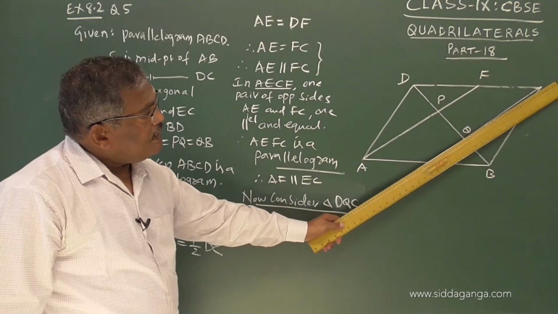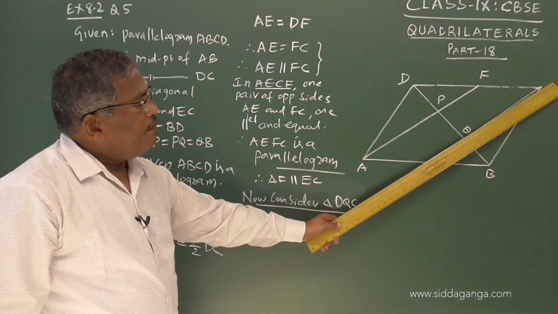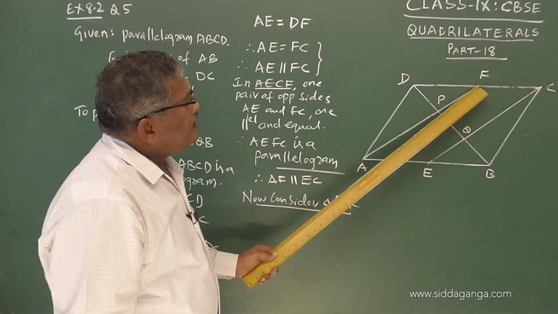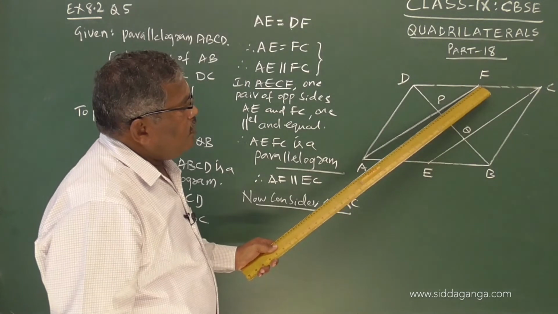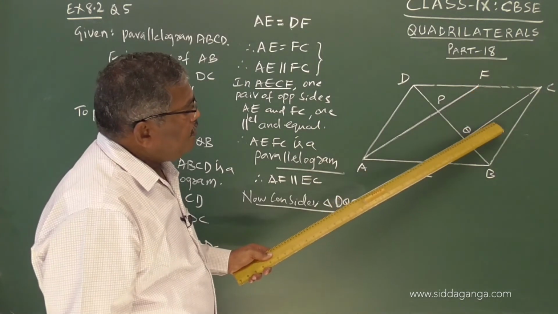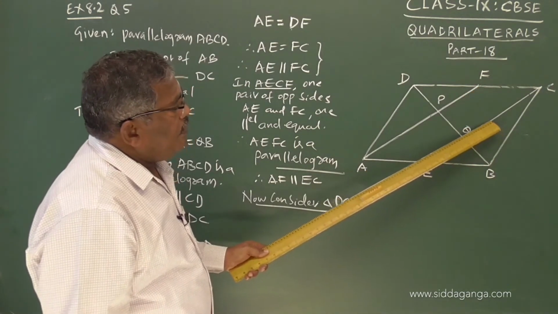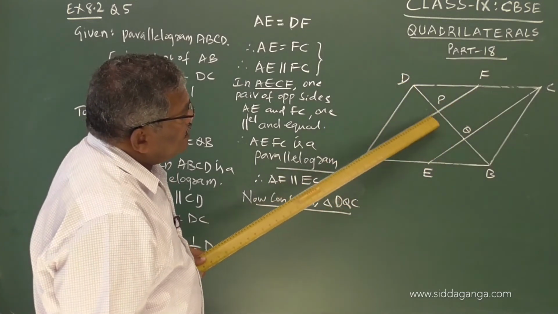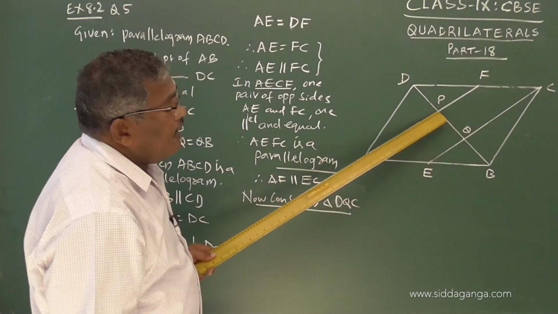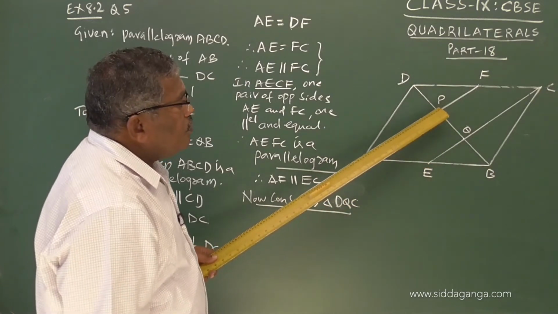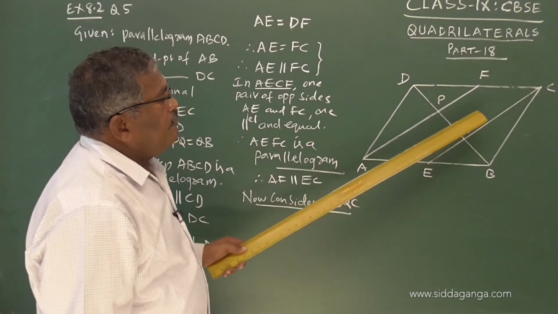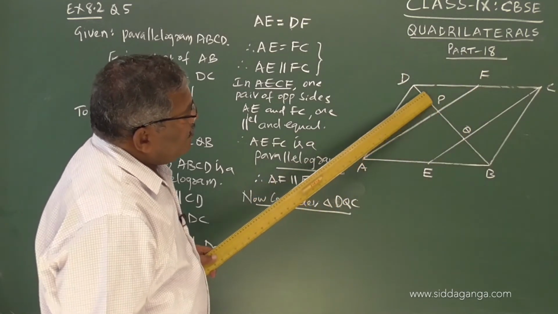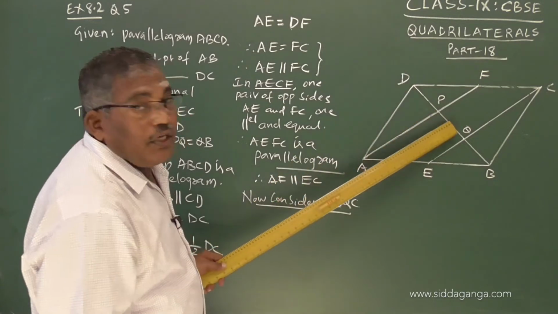So therefore, by converse of midpoint theorem, this line drawn through F will intersect the third line, that is DQ, in the middle.